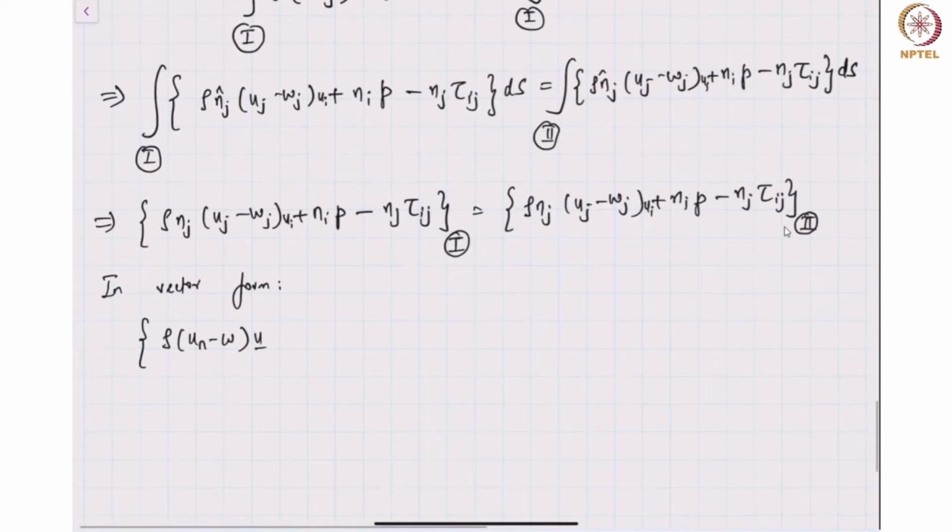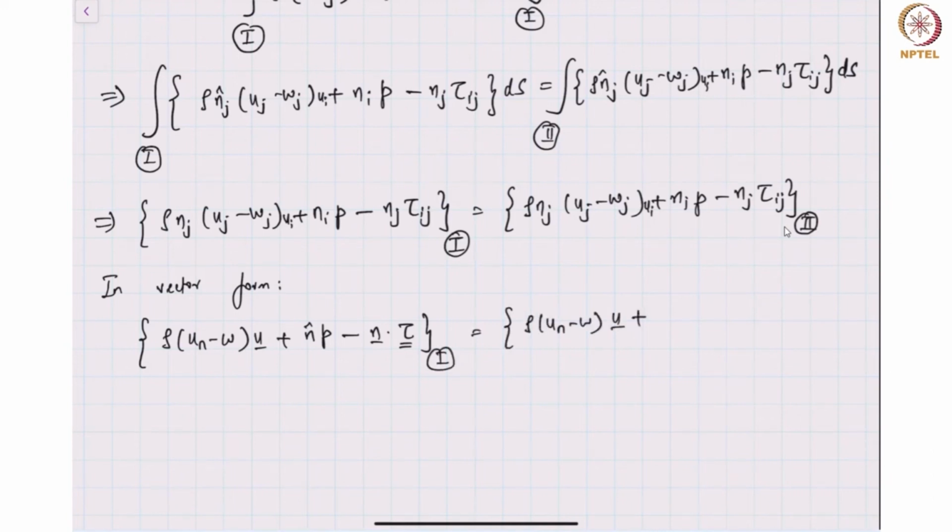If I write this in vector form, I have this plus n hat P minus n dot tau over region 1. This is the vector equation because in every term I have exactly one vector, and this is over region 2. Okay.